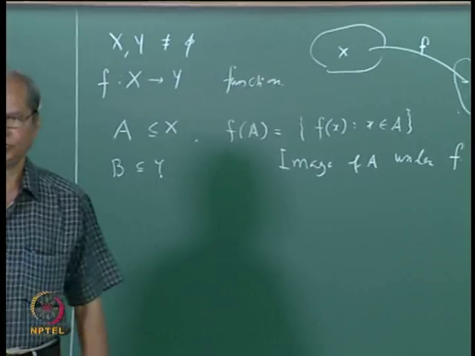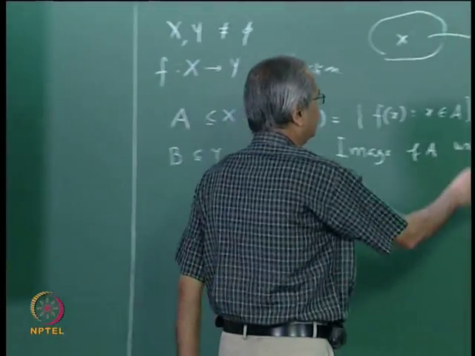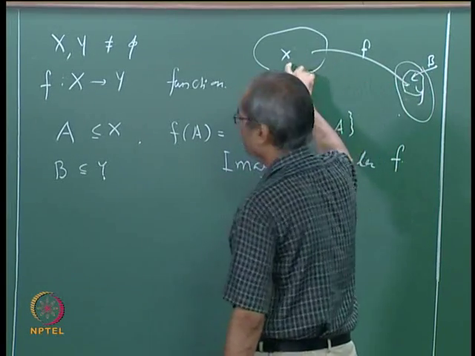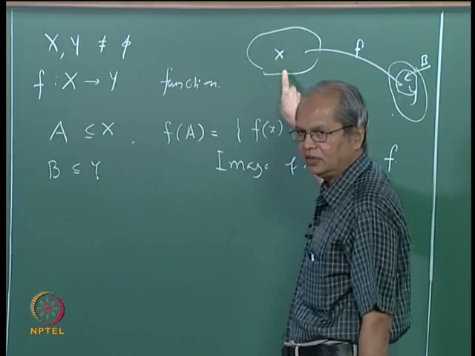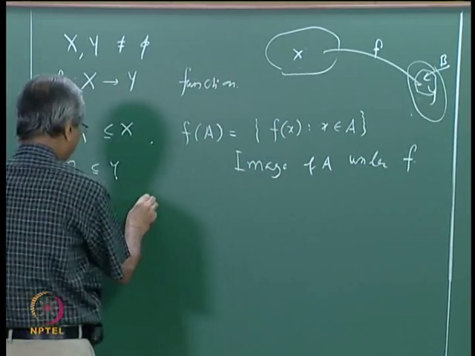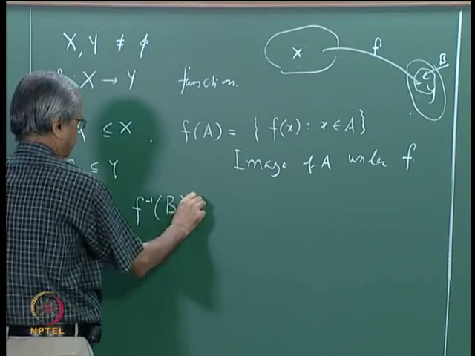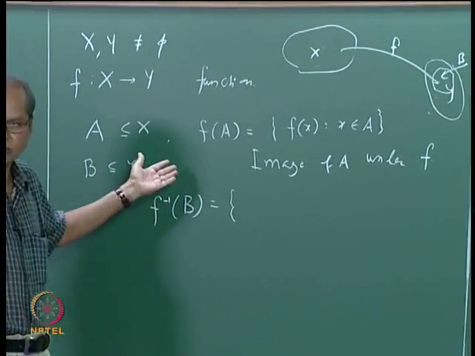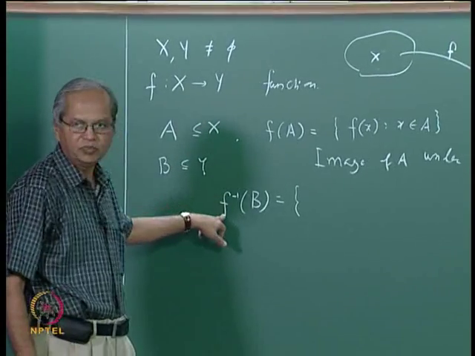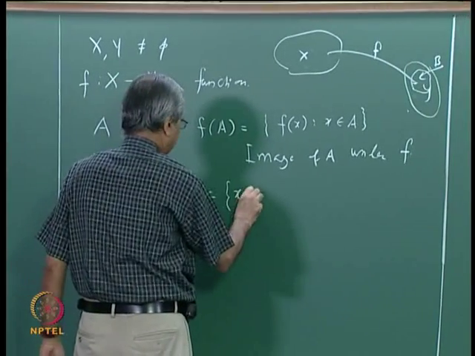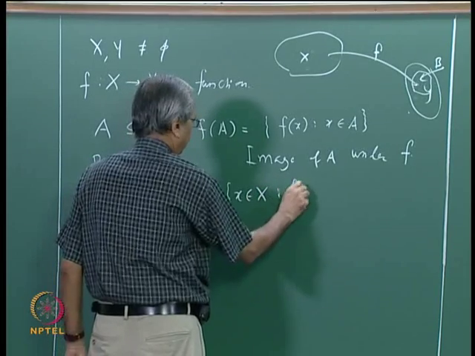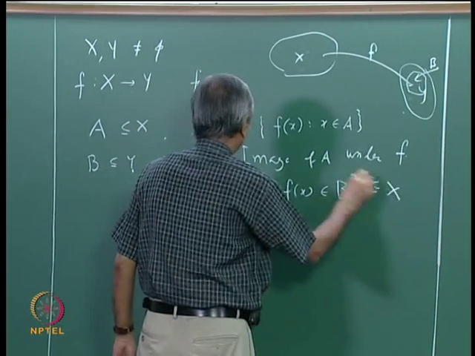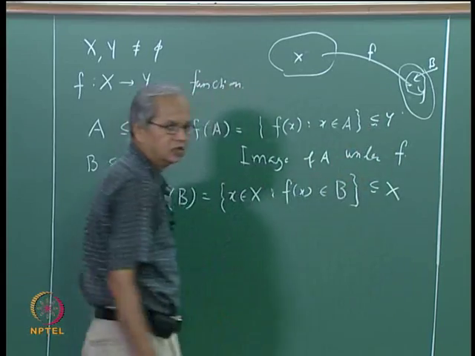Similarly, if we take some set, let us say B here, then we can talk of what is meant by its inverse image, and that we shall denote by f inverse of B. So what is f inverse of B? It is the set of all those x in X such that f(x) is in B. So this is a subset of X, just as this is a subset of Y.